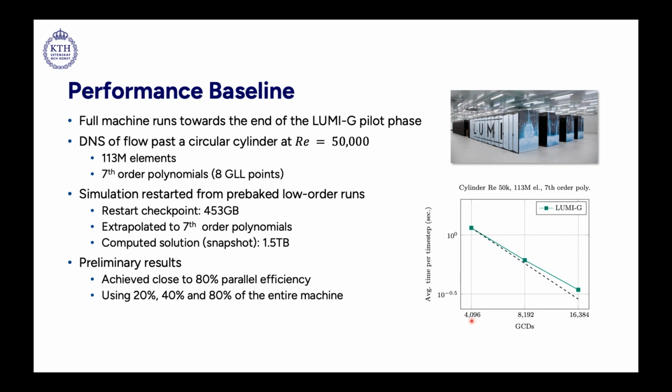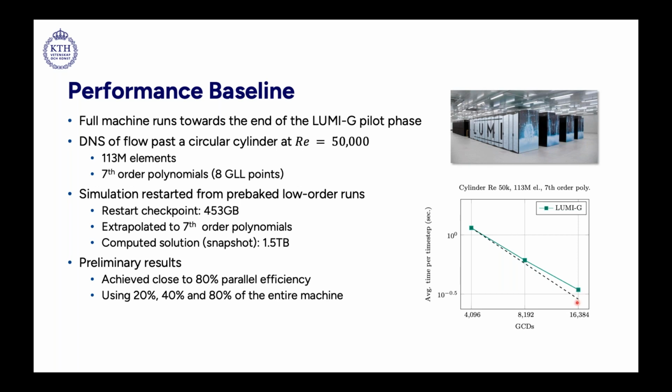At 4,000, it's 100 million. At 16,000 GCDs, it's also 100 million elements for the problem size in total. So it really shows that we can retain 80% parallel efficiency going up to basically the entire Lumi machine with the code. This is, of course, a very good result, but we were a bit reluctant.